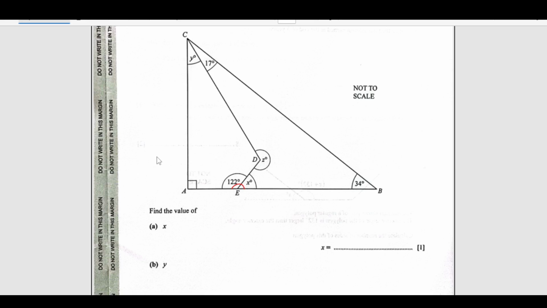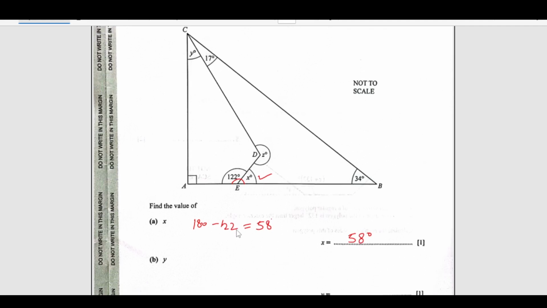So 180 minus 122 will be the value of x here, because x plus 122 is 180, right? So when you subtract this, this is 58. So the value of x is 58.